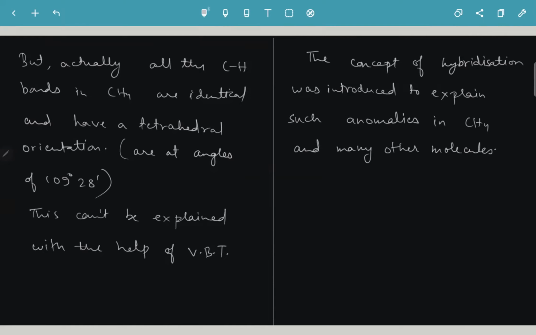But experimentally, the bond angles in the CH4 molecule are found to be 109 degrees 28 minutes, and all bonds are found to be equivalent, equally strong.